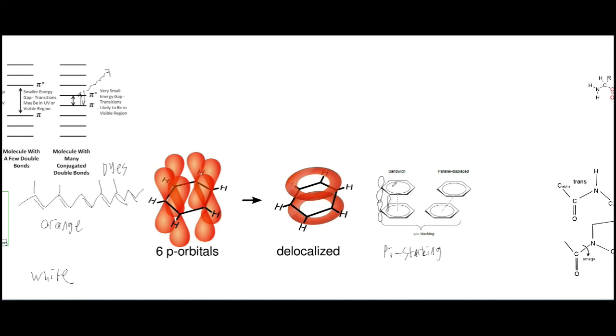So that one will be there, and this will be there, and those will be overlapping, and these will be overlapping. And so we can get overlapping here, and that stabilizes the position of these, and we get this pi stacking, which causes these to sort of stay in this position.